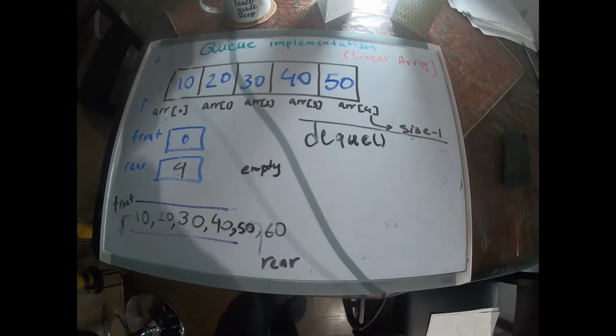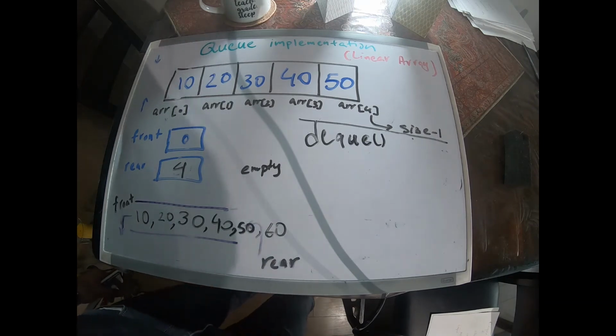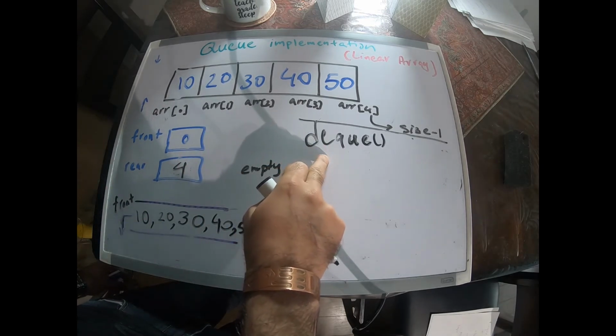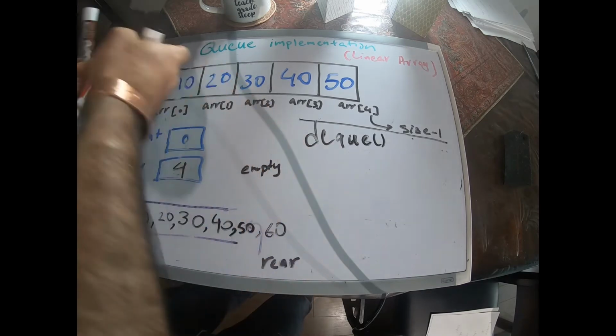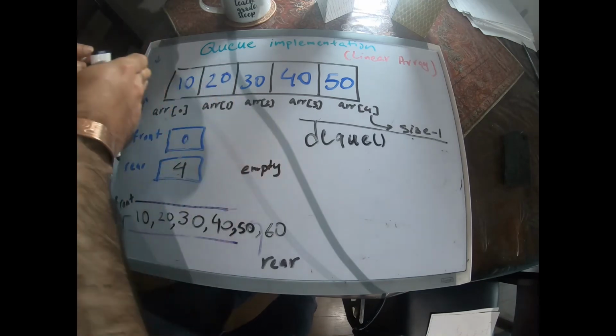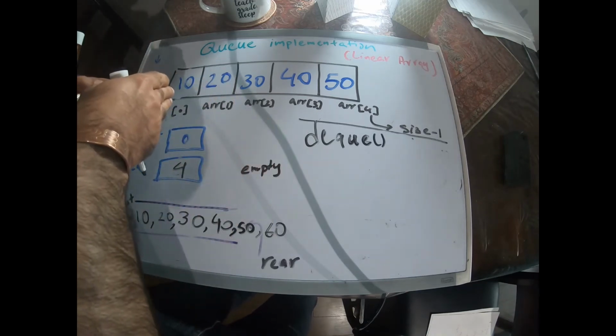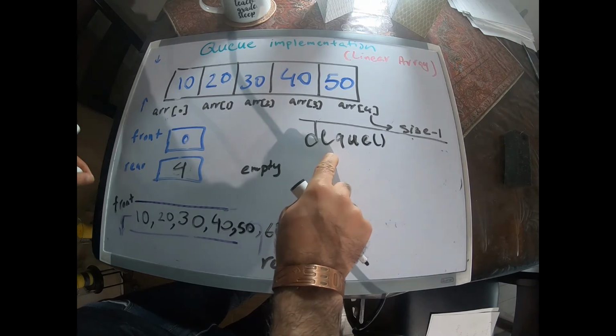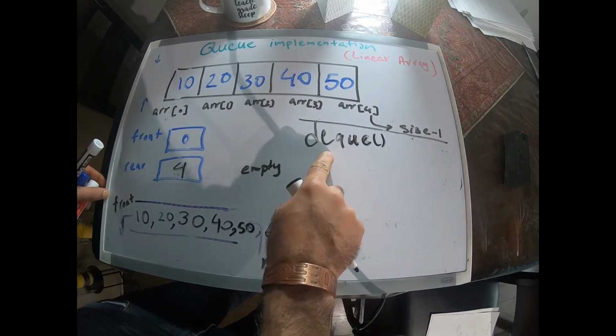So for dequeuing, first we have to check. You remember that again, the precondition for dequeuing is that we want to remove data from the queue, right? So there should be some data in the queue to be removed, right? That's the precondition. If our queue is empty, we cannot dequeue, right?